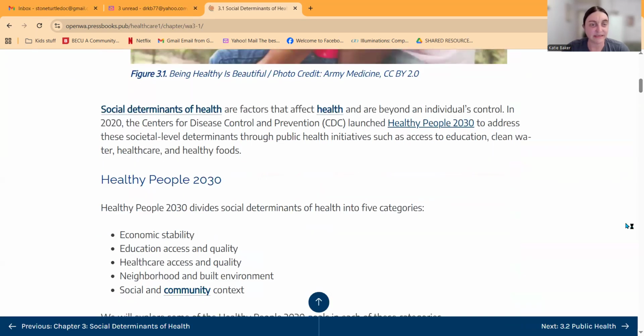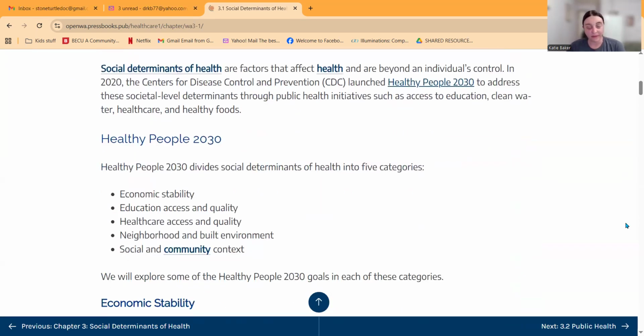So first, we're going to talk about Healthy People 2030. Healthy People 2030 is a U.S. federal program that looks at social determinants of health. What we could do for this is discuss Healthy People 2030, talk about the ways in which government organizations are trying to address these social determinants of health through public health initiatives.